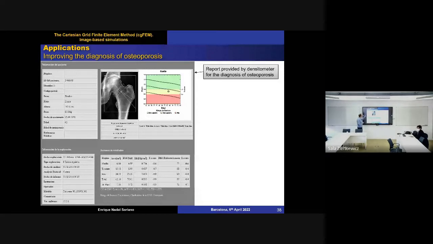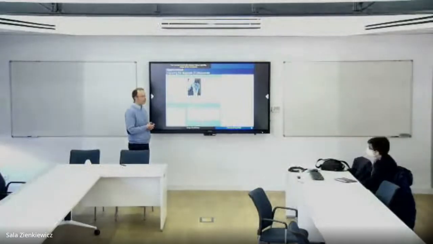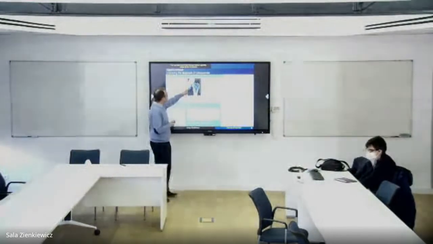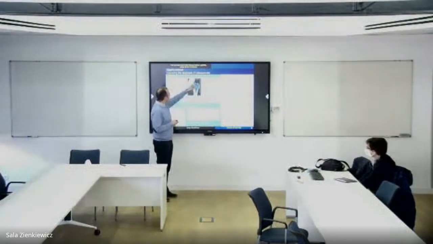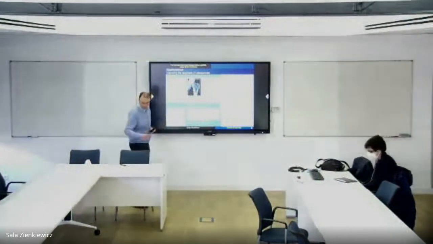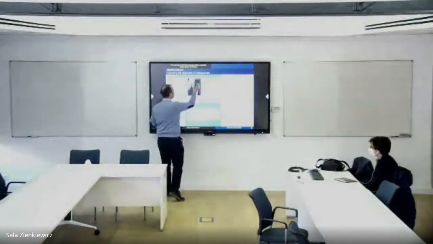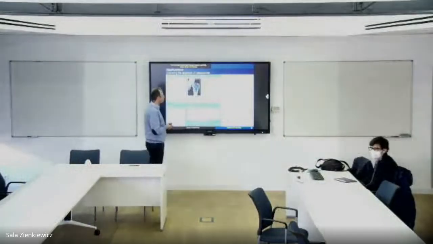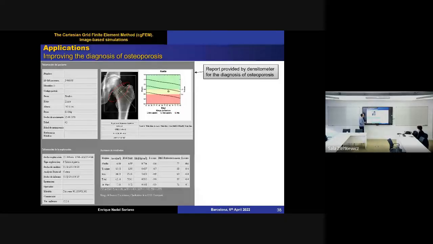Normally, this is the result that we find in the doctor, and depending on the bone mineral density in the region that is here, the doctors decide if you are at a high risk or a low risk of suffering from a hip fracture.